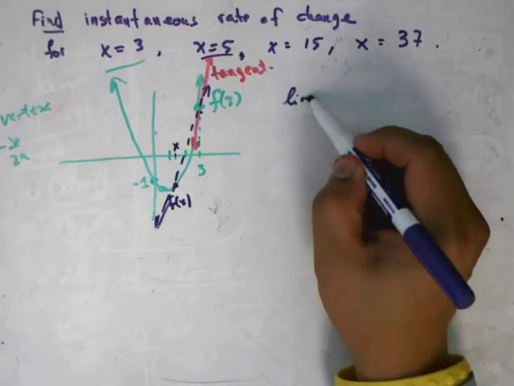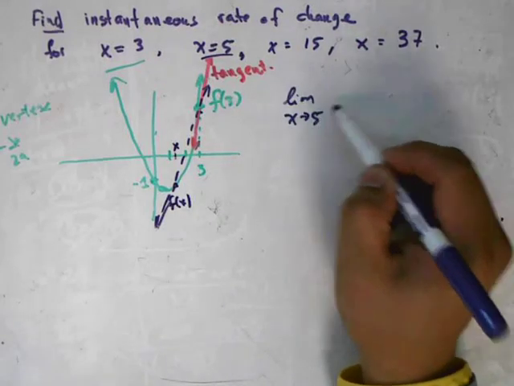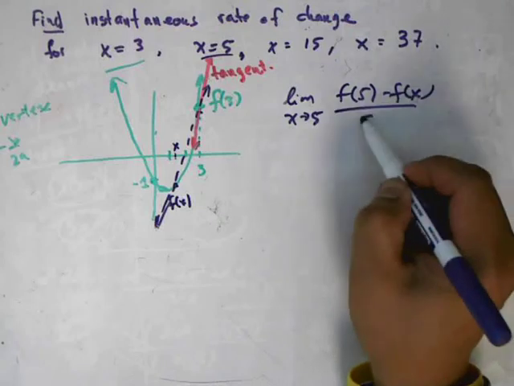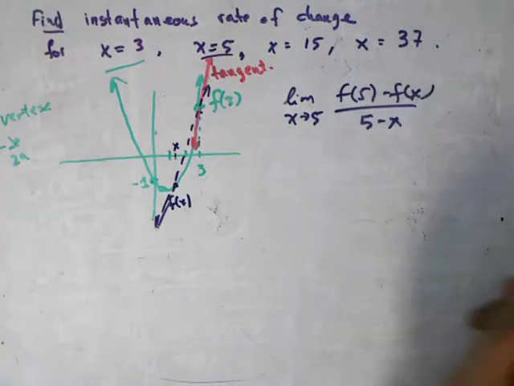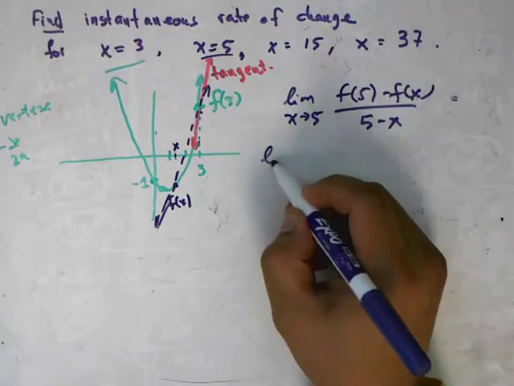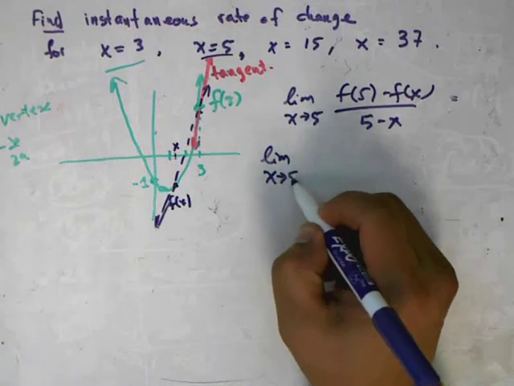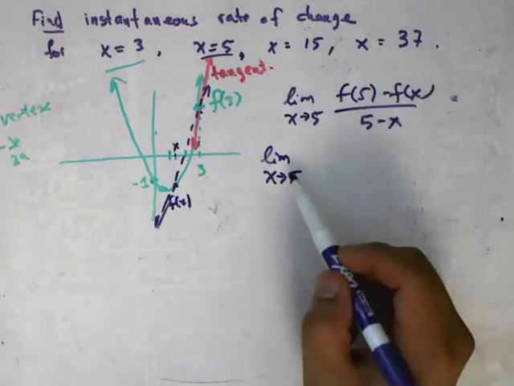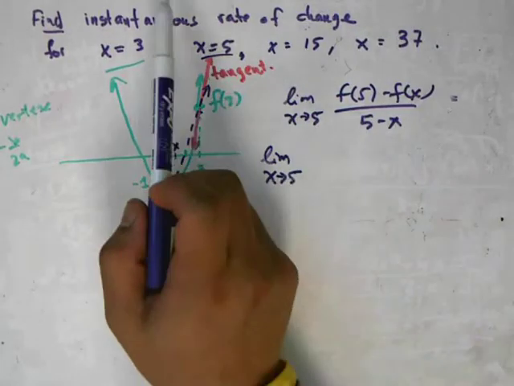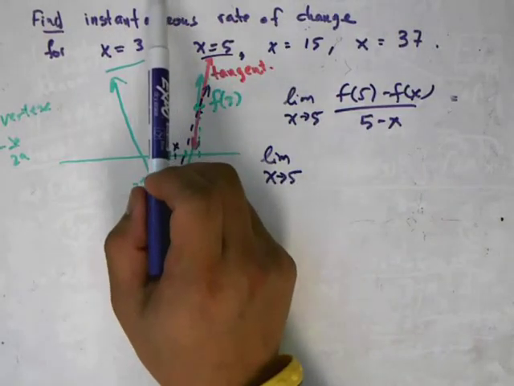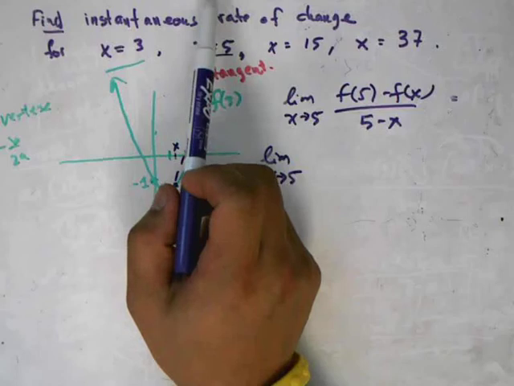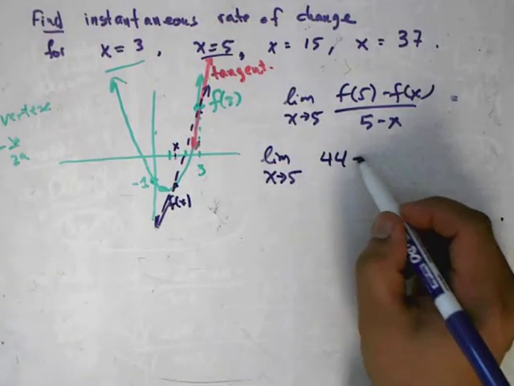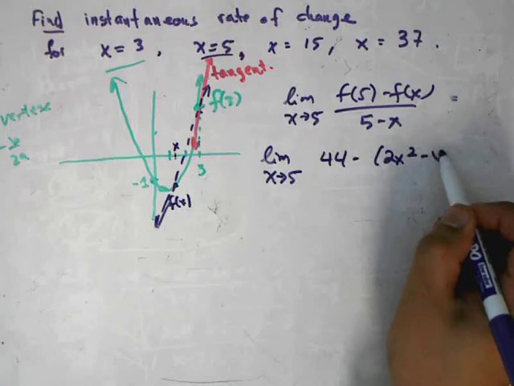So this is the limit as x approaches 5 of f of 5 minus f of x divided by 5 minus x. So this all here is equal to the limit as x approaches 5. And if I substitute 5 in here, I'm just going to do this without the extra work just to save us a little bit of time. So this is 25 times 2, that's 50, minus 5, 45, minus 1, 44, minus (2x squared minus x minus 1).